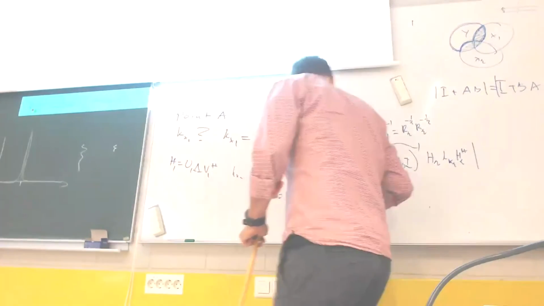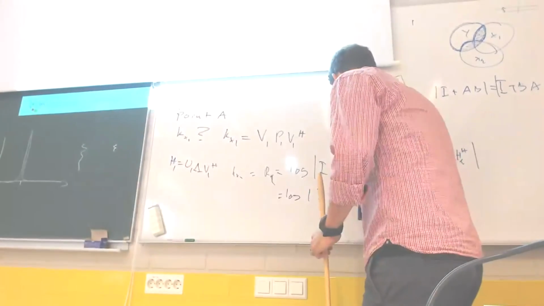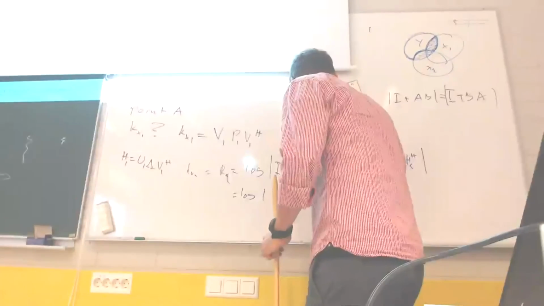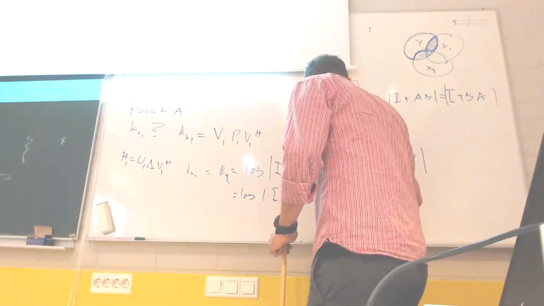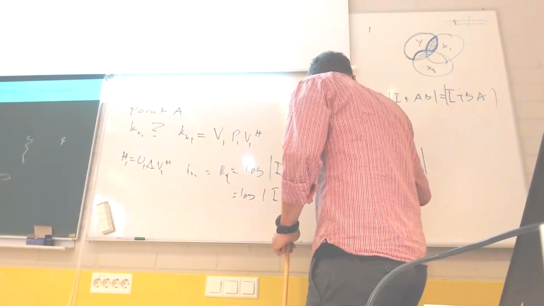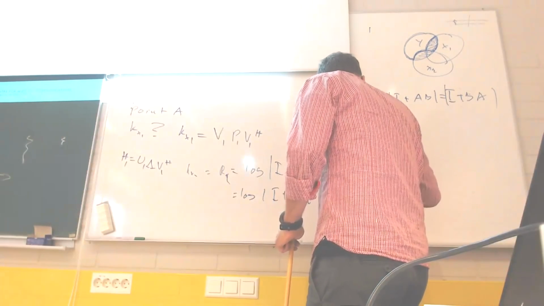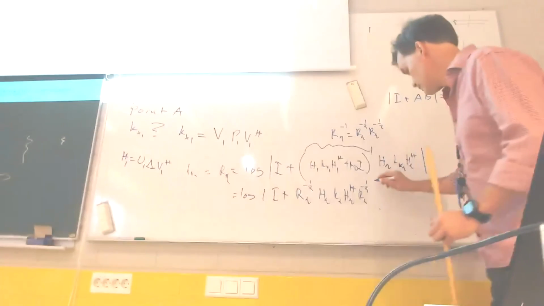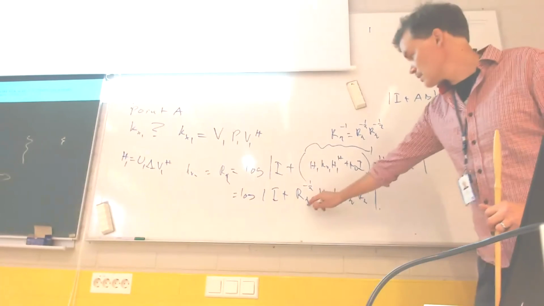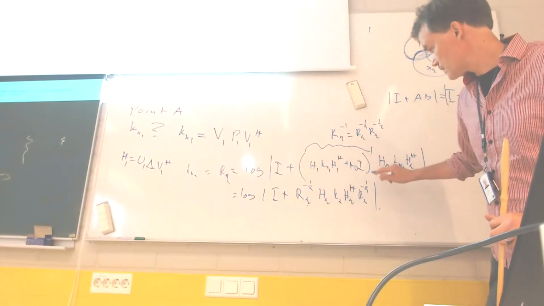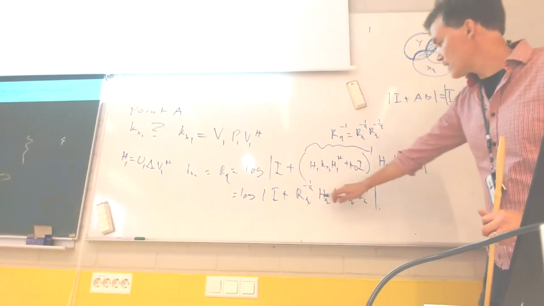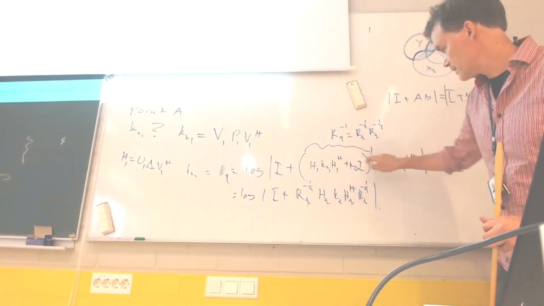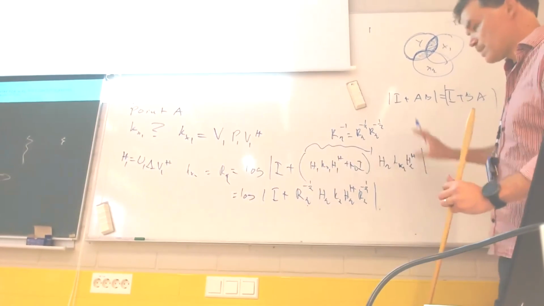I plus R2 square root inverse H2 KX2 H2 Hermitian R2 square root inverse. Okay, R2 is this one. You could write this directly as H1 KX1 H1 Hermitian square root inverse on both sides, but it gets messy.